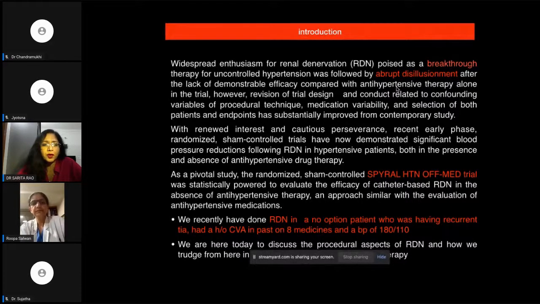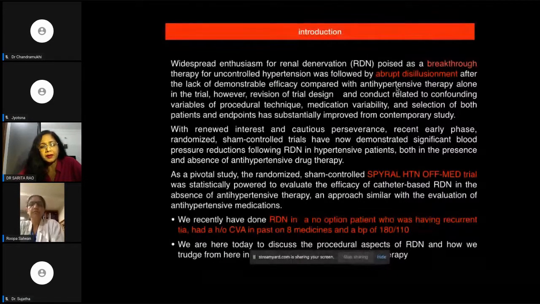Recent early phase non-randomized sham control trials have now demonstrated significant blood pressure reductions following renal denervation therapy in hypertension patients. As a pivotal study, the randomized sham control SPYRAL HTN-OFF MED trial has been statistically powered to evaluate the efficacy of catheter-based renal denervation therapy in the absence of antihypertensive therapy. This was an approach similar to the evaluation of antihypertensive medications.